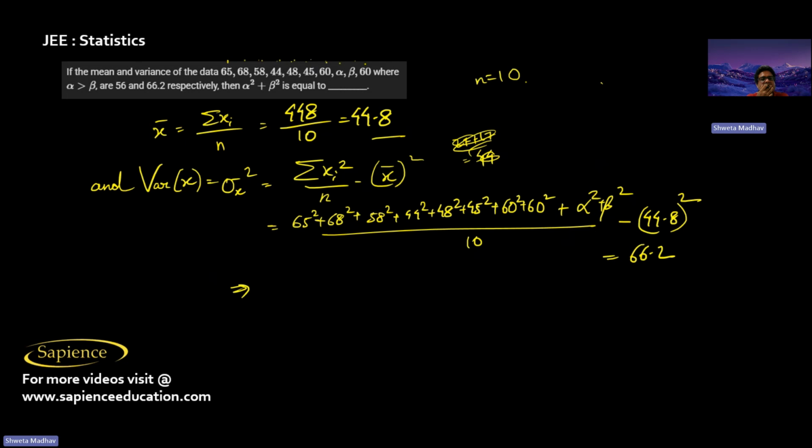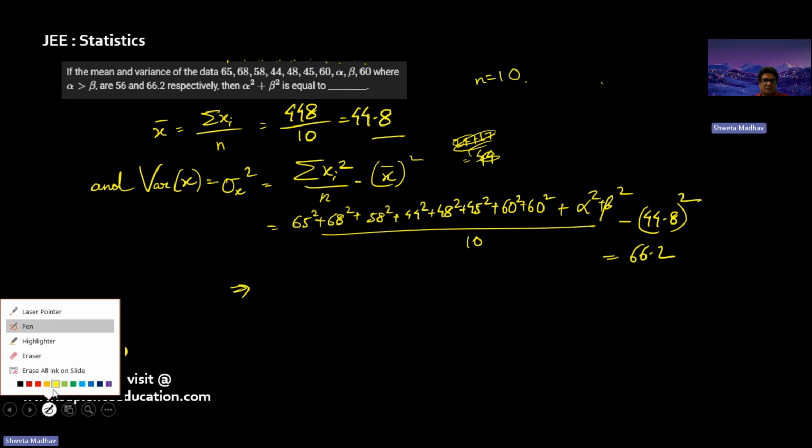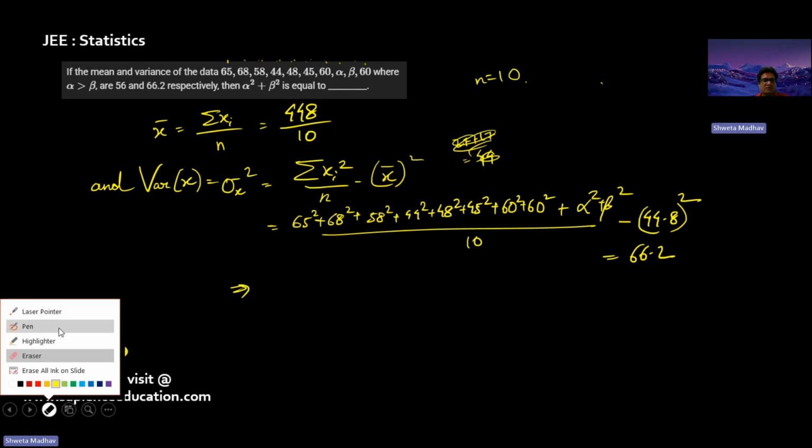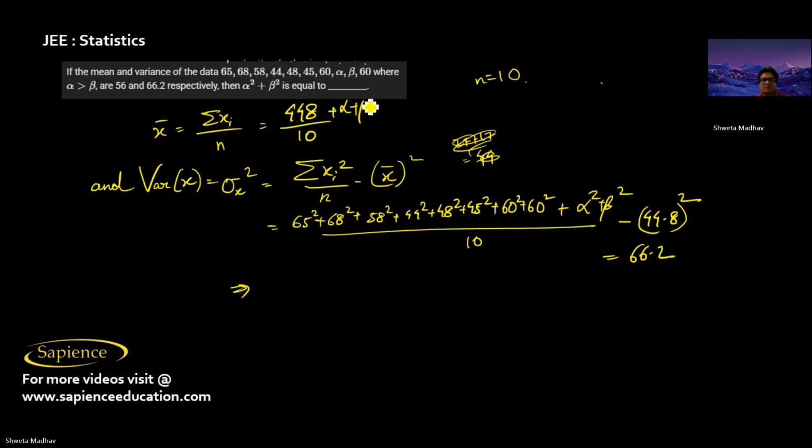Now the mean value is 56. Sorry. Mean value is 56. 2 plus beta also we have to include, 2 plus beta by 10.